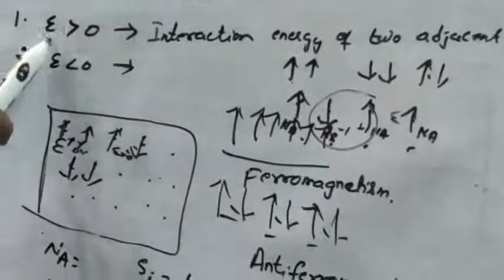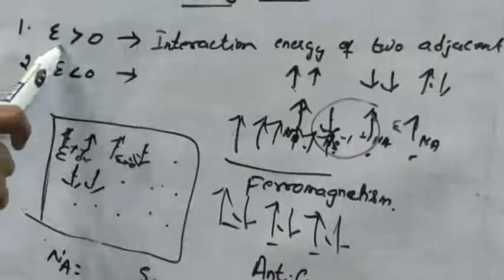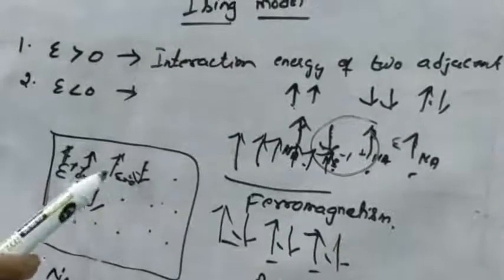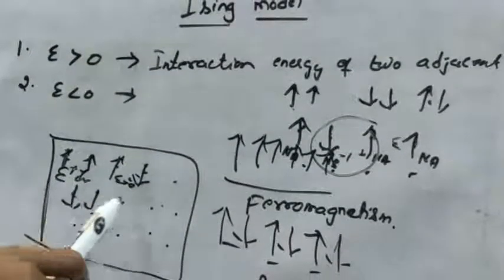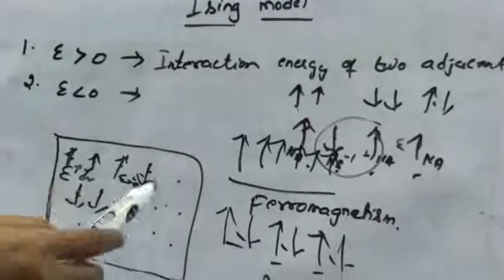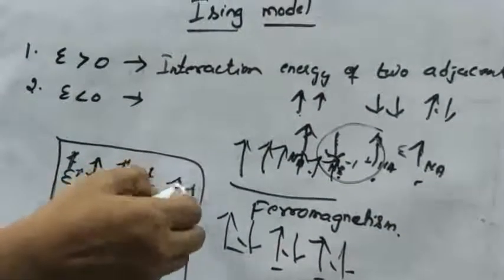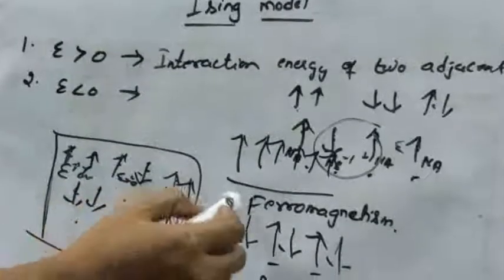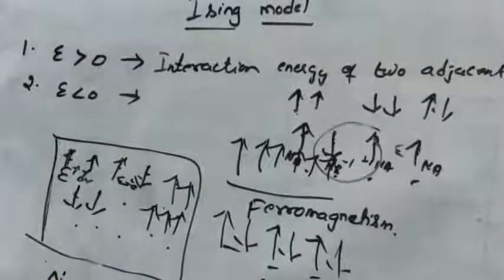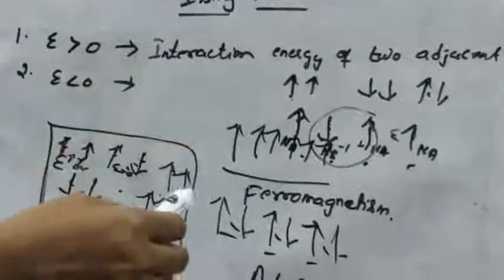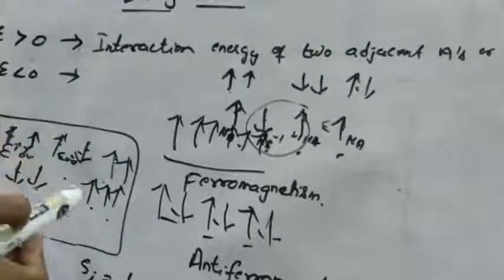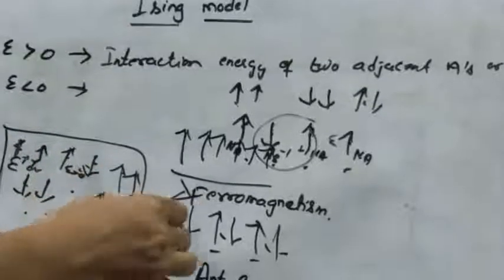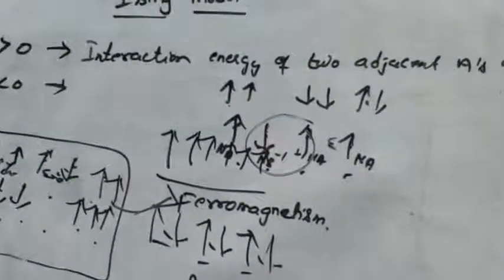In the case of epsilon greater than 0, the interaction energy is greater than 0, so all the molecules in the substance tend to be parallel. Hence it leads to ferromagnetism. You all know that the property of ferromagnetism is that the spins of the molecules or atoms are aligned in a single direction, so this leads to the exhibition of ferromagnetic property.